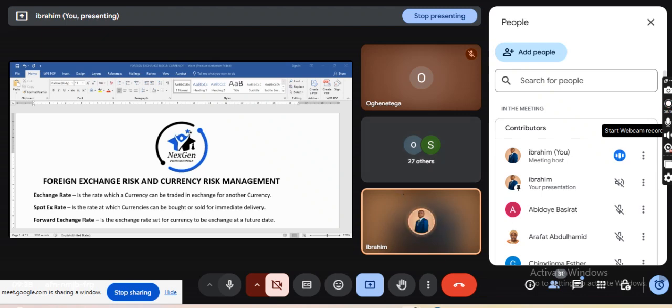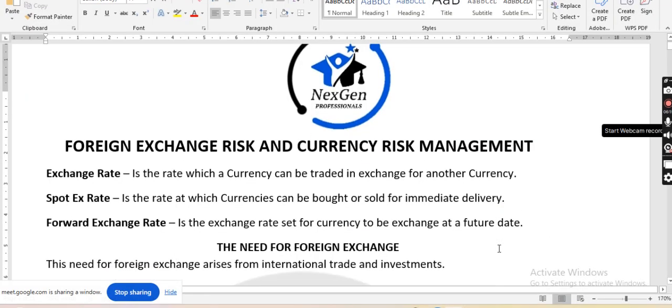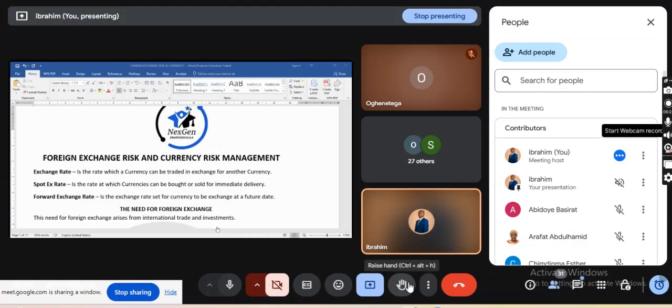For forward exchange, what is the forward exchange rate? It is the exchange rate set for a currency to be exchanged in the future. Class, sometimes there are some people, they are hedgers. They call them hedgers, right? Those guys can actually predict the future rate.